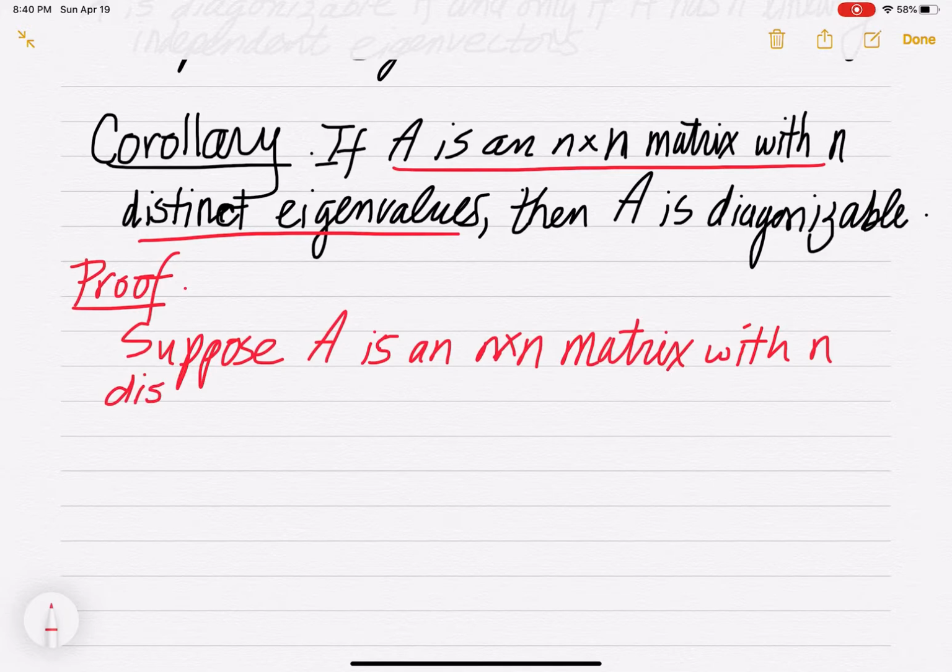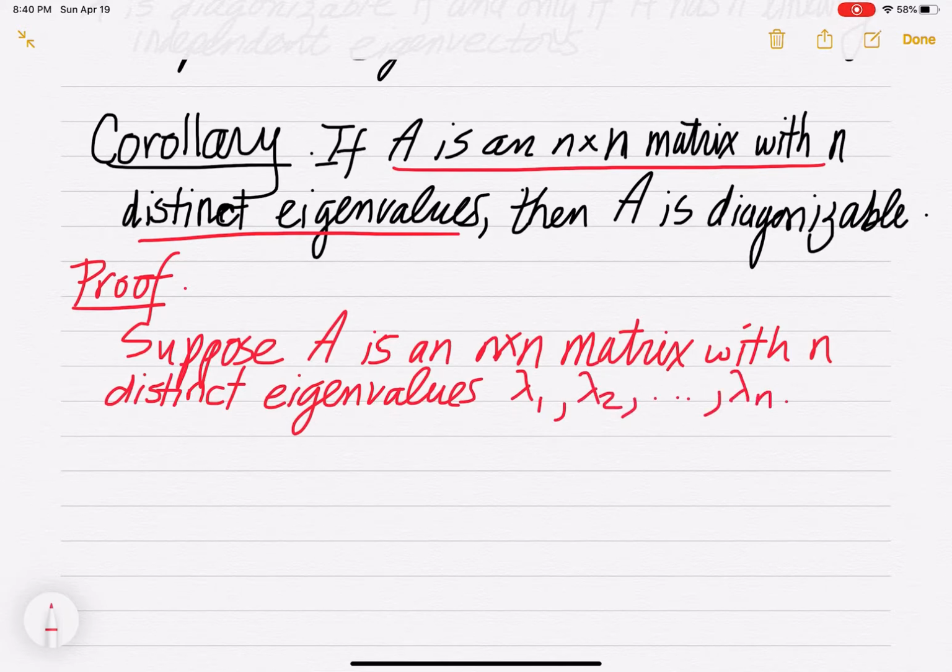So no repeated eigenvalues, no repeated multiplicities. Lambda 1, lambda 2, through lambda n. These are all distinct, no repeated eigenvalues, so they are all different.